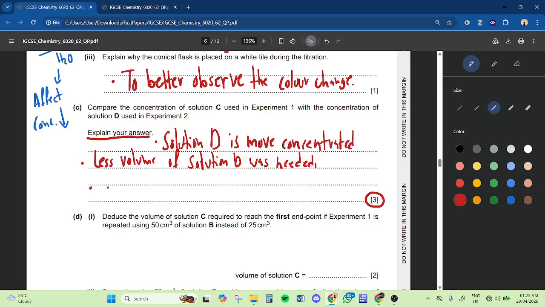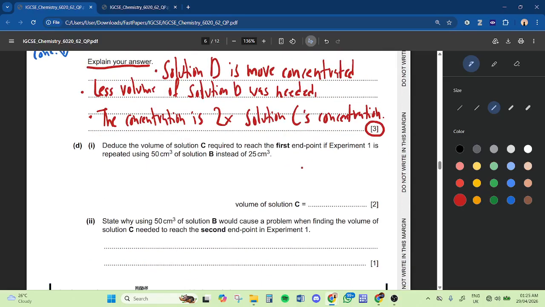So this will be that the concentration of solution D is twice the concentration of solution C. There you go, 3 very easy marks.